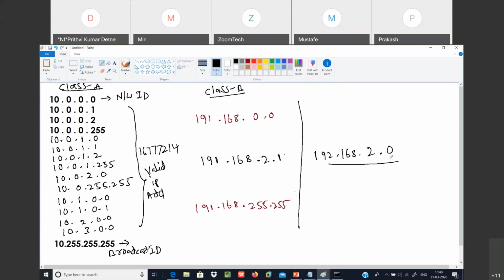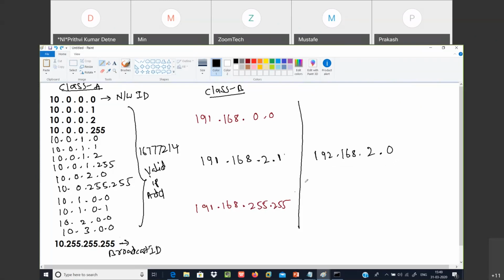192.168.2.0, is it a valid IP address? 192.168.2.0, is it valid? First, identify which class this IP belongs to.